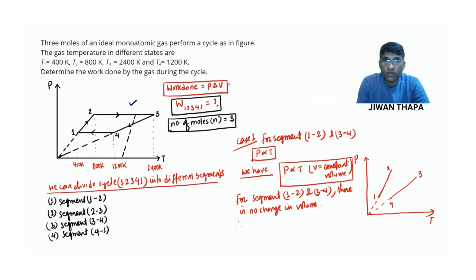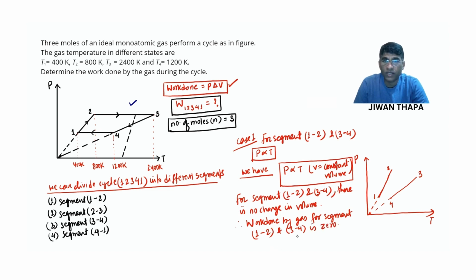Therefore, from this equation, the work done by the gas for segments 1, 2 and 3, 4 is 0.